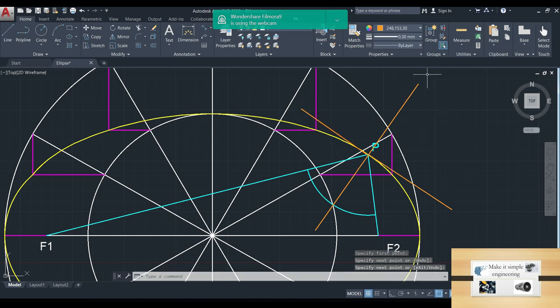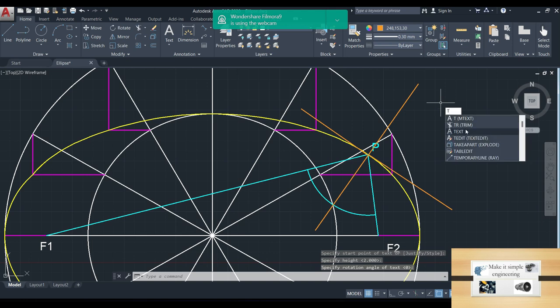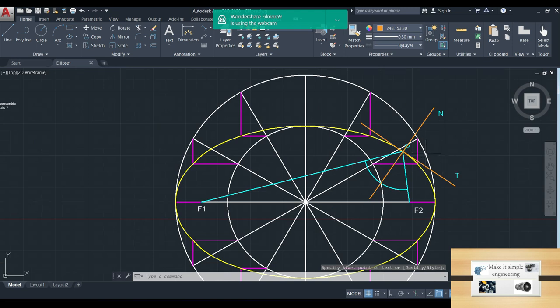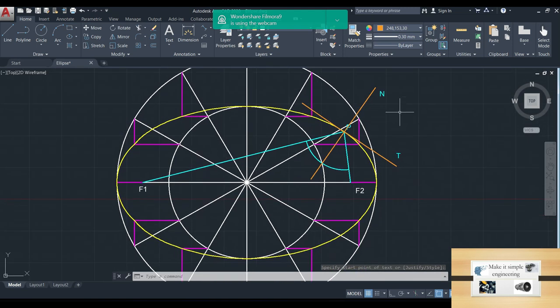Okay, so here this will be the normal N, and this is the tangent T. So this is how we can draw the tangent and normal on the ellipse.